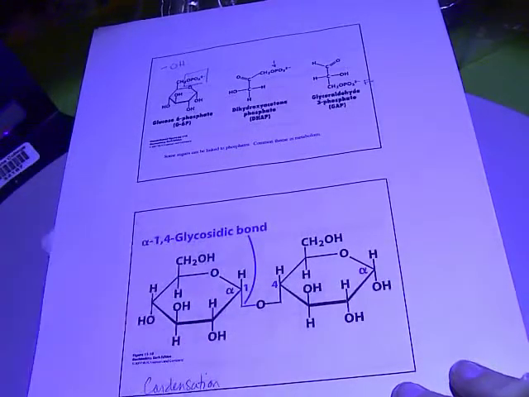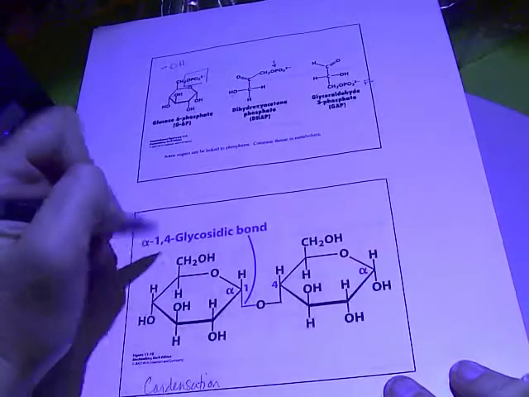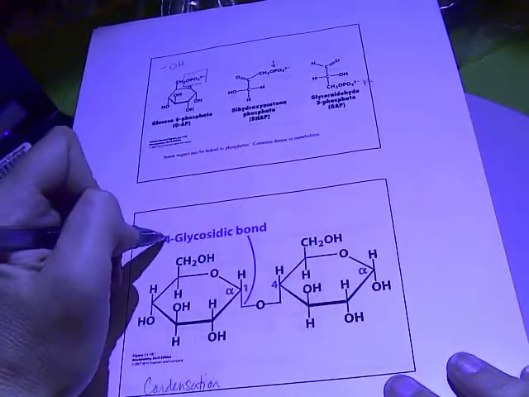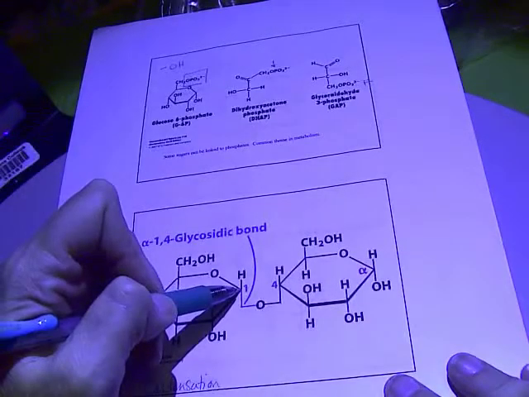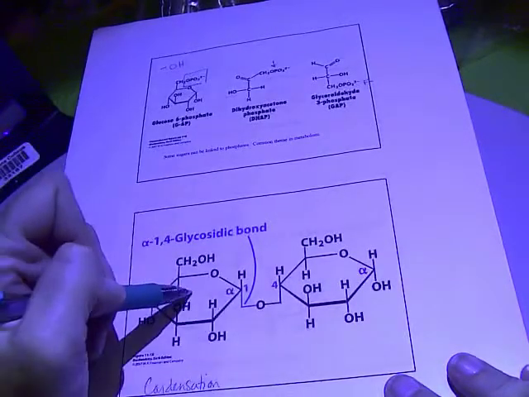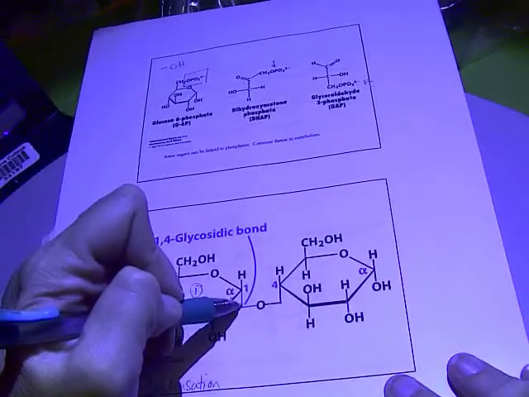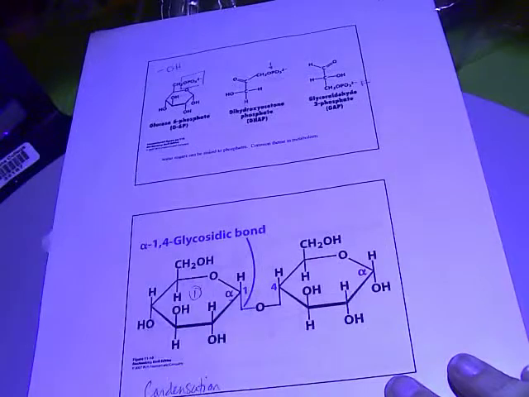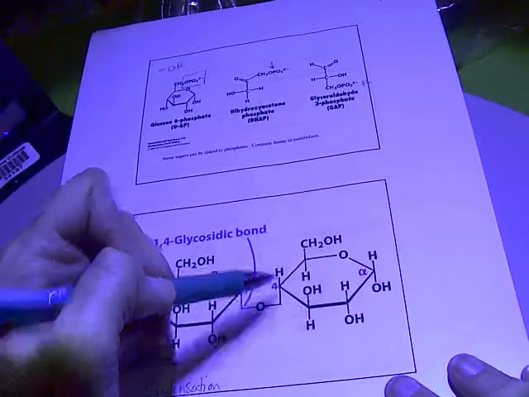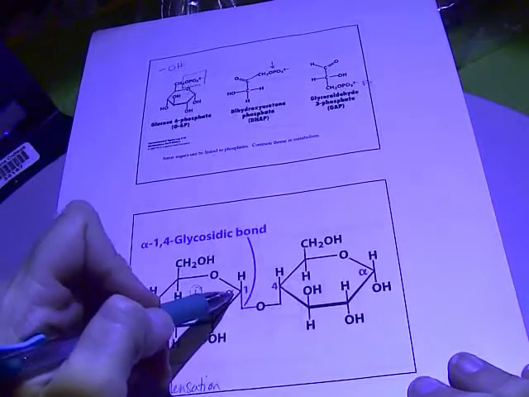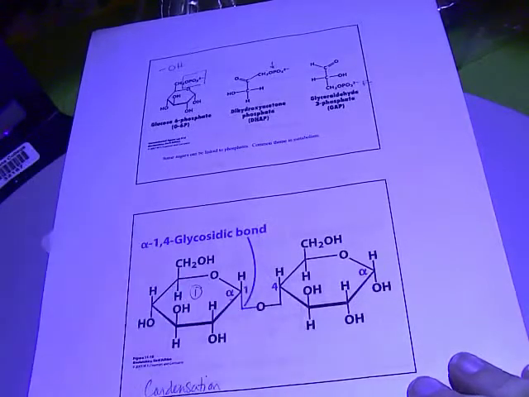So remember, direction is very critical in macromolecules. So this illustrates an alpha 1,4 glycosidic bond. And it's an alpha 1,4 because it forms between carbon 1 of the first sugar, which is in an alpha position, which means the OH is below the plane, and then it forms with the 4th carbon of the next sugar in line. And that's why it's called an alpha 1,4 glycosidic bond.